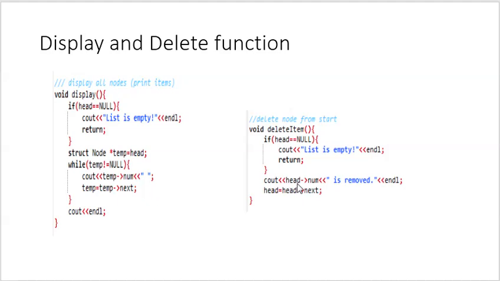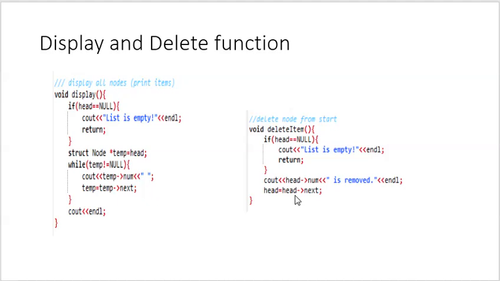Otherwise, the head's data will be removed, and just like this, it will remove the next nodes one after another. However many times you want to delete a node, it will delete. This function will be called once. If I call it once, it will delete one node.